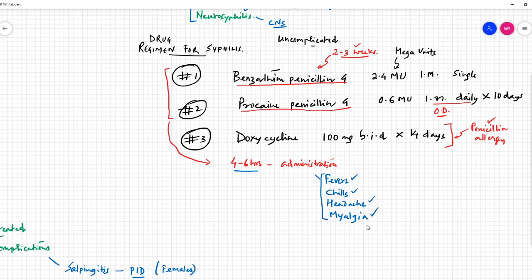What is myalgia? Pain in the muscles, usually skeletal muscles. So this is actually a toxicity of penicillin.